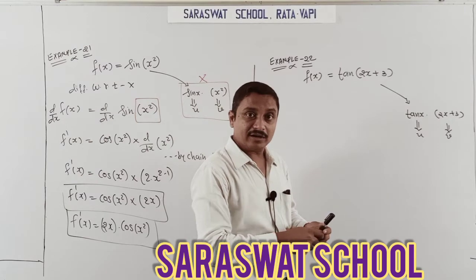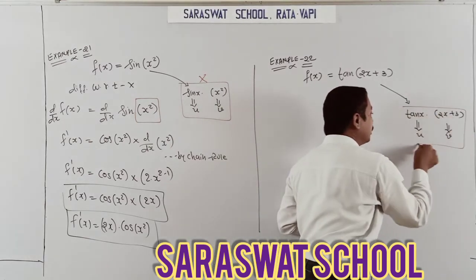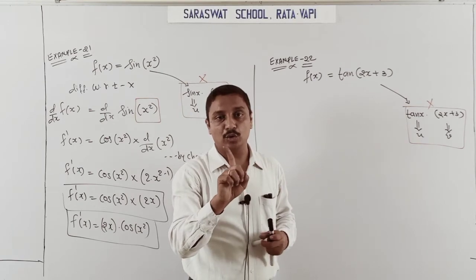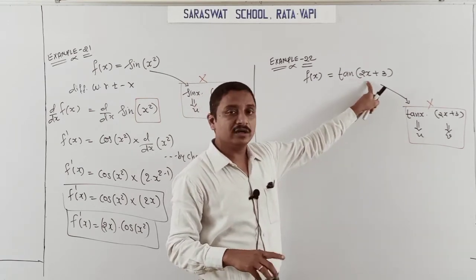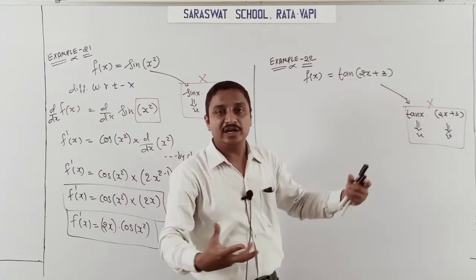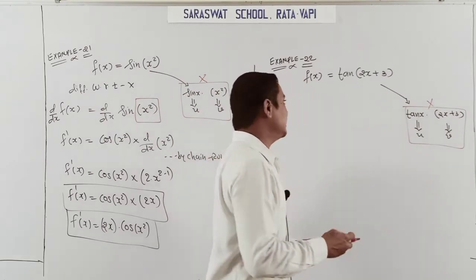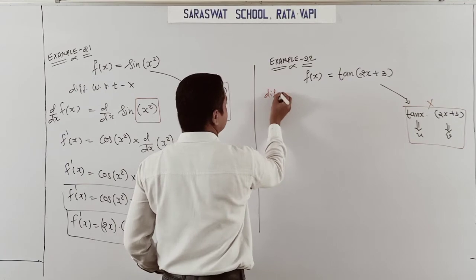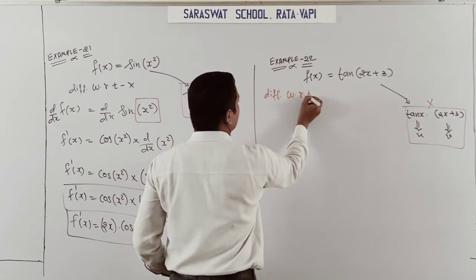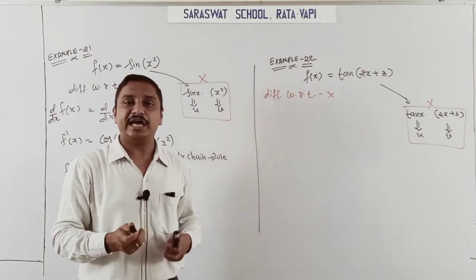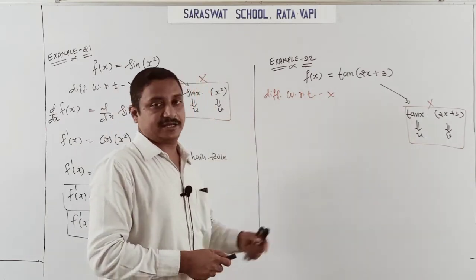But here it is not given, so you do not apply our product rule. Here no product rule because my question is given what? Composite function. It means both functions are joining functions. That's why I start here differentiation with respect to x. Already in your textbook it is given derivative with respect to x, that's why I wrote x, students.